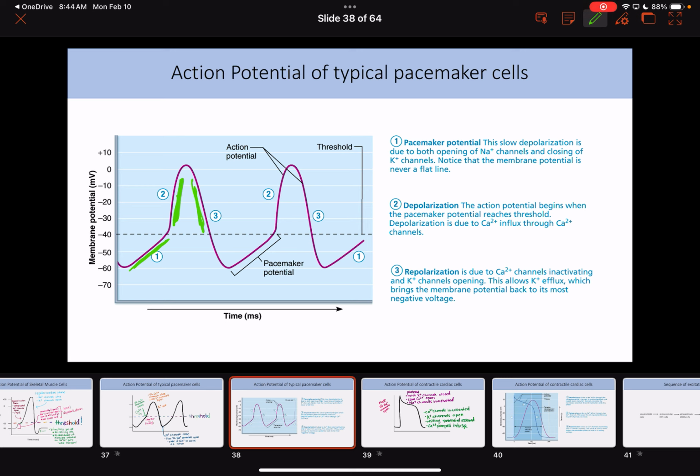Questions about that? Okay. That is a pacemaker cell's action potential. Remember we said we had two types of cells: pacemaker cells, and contractile cells. The contractile cells have a different action potential.